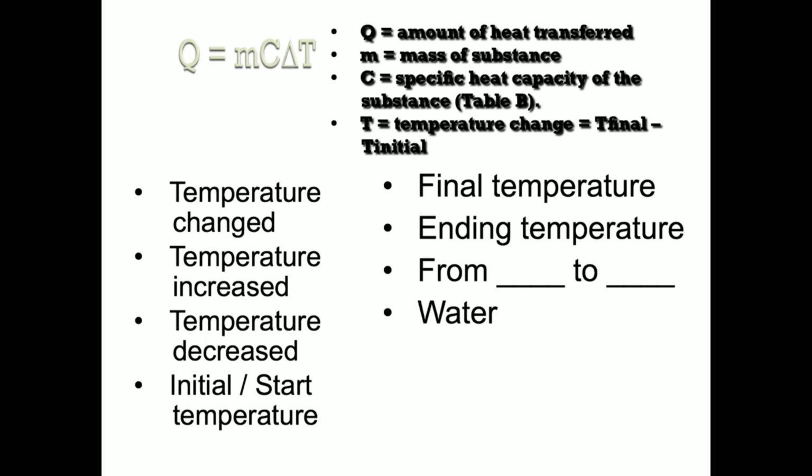We can see these keywords in a word problem when we need to apply this equation: temperature change, temperature increased, temperature decreased, initial or starting temperature, final temperature, ending temperature, from and to, water, and we can also look for the words cools and heats or warms.